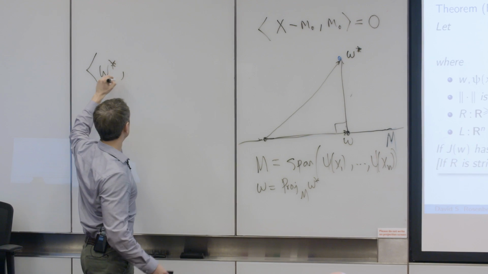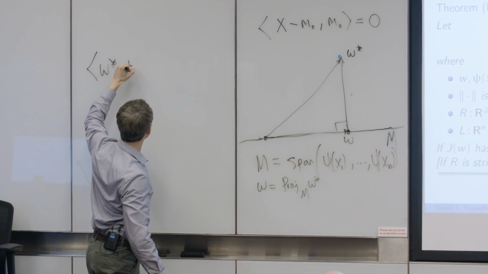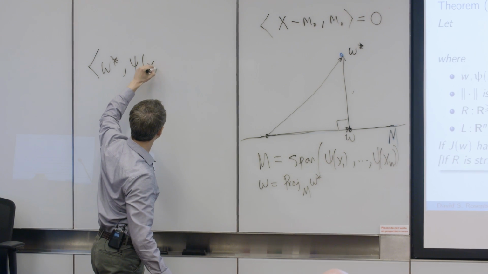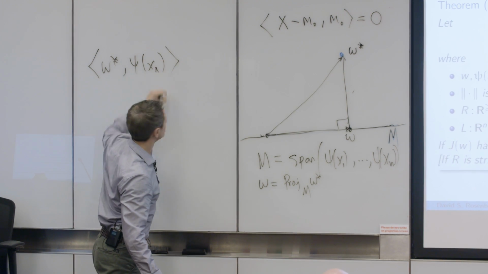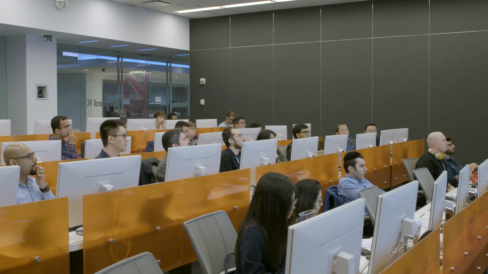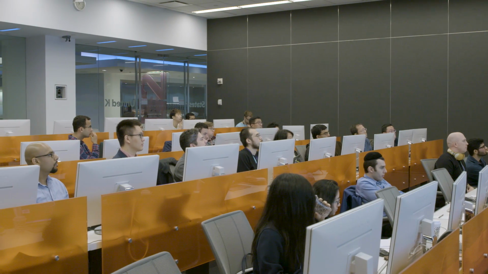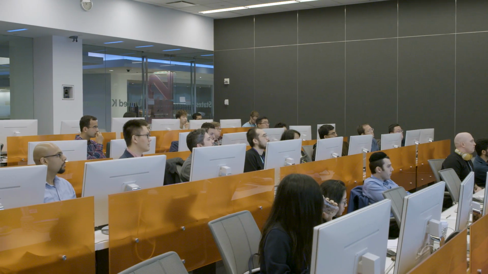All right, what do you have in mind? How would you approach this? W star, let's pick a particular one, psi of xi. It's equal to the inner product of W plus W star minus W, with psi of xi.